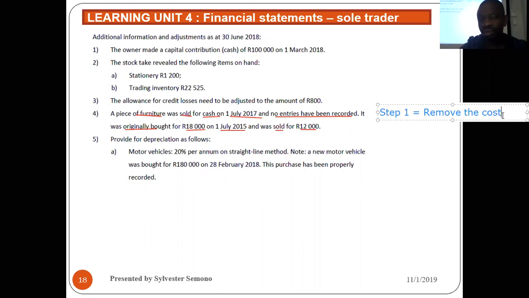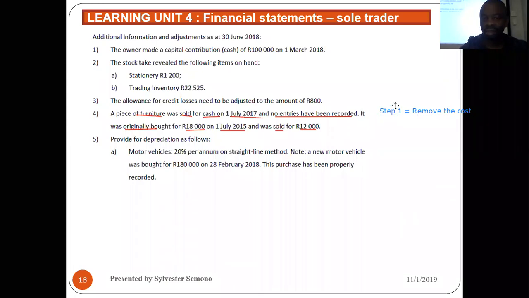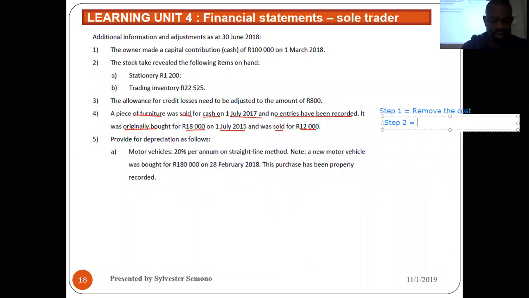You must remove the cost first. Secondly, what is the next step? Now we need to record the selling price.